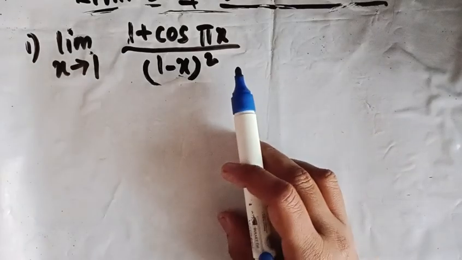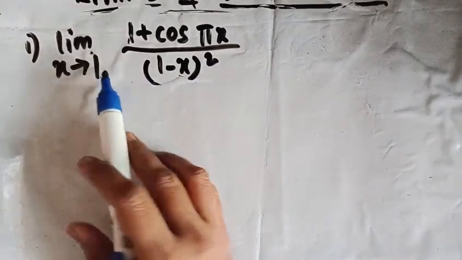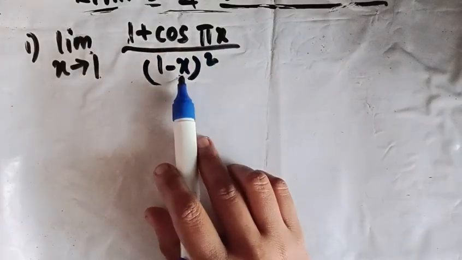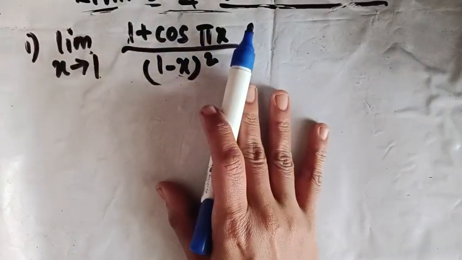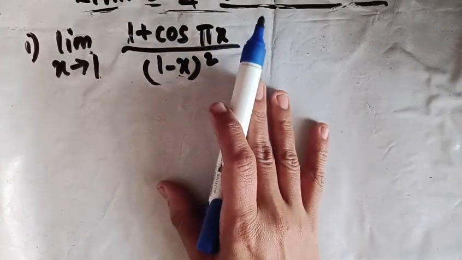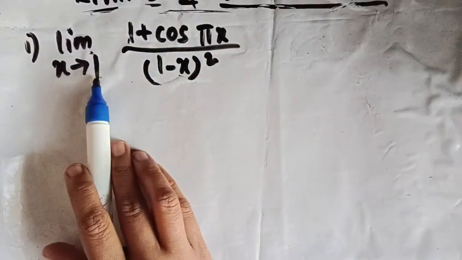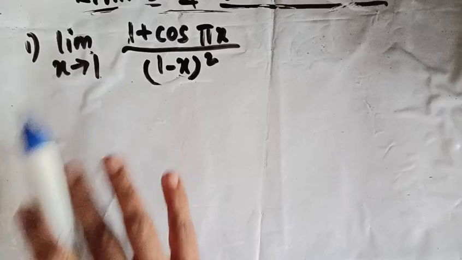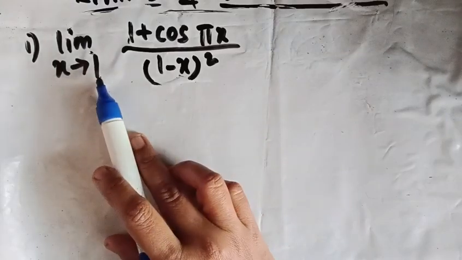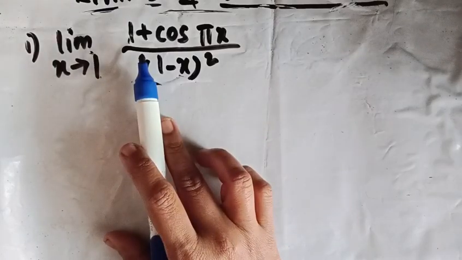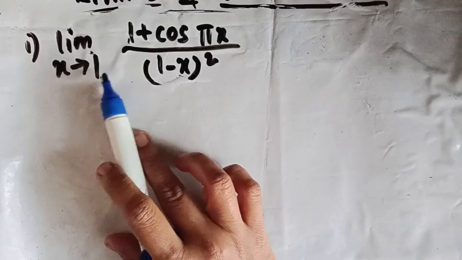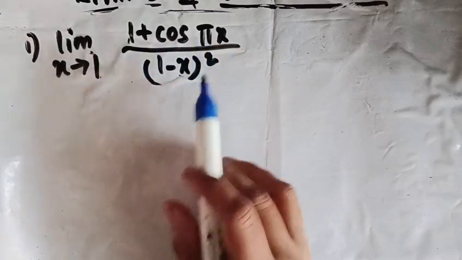Next question. Here limit as x tends to 1, 1 plus cos pi x upon 1 minus x the whole square is given. Now to use trigonometric limits, we need x tending to 0. So we have to change this limit so that we can use the trigonometric limits. To change that, we do a substitution.